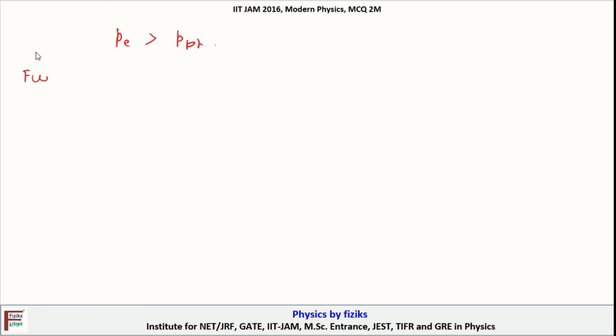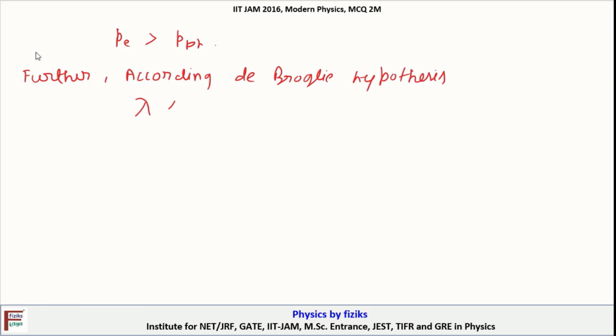Further, according to de Broglie hypothesis, lambda is inversely proportional to P, which implies lambda of E must be less than lambda of PH.